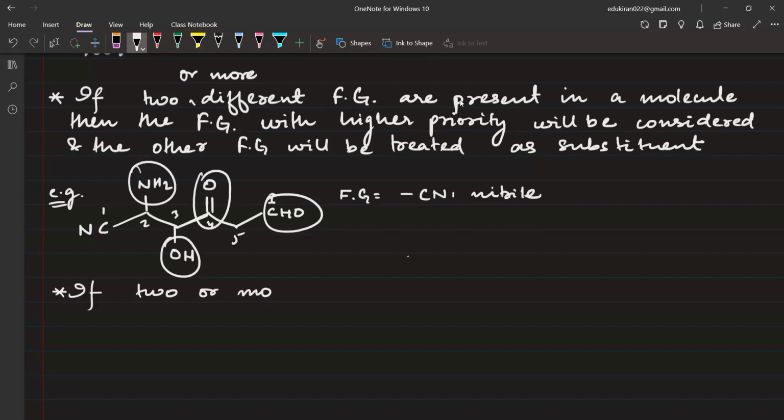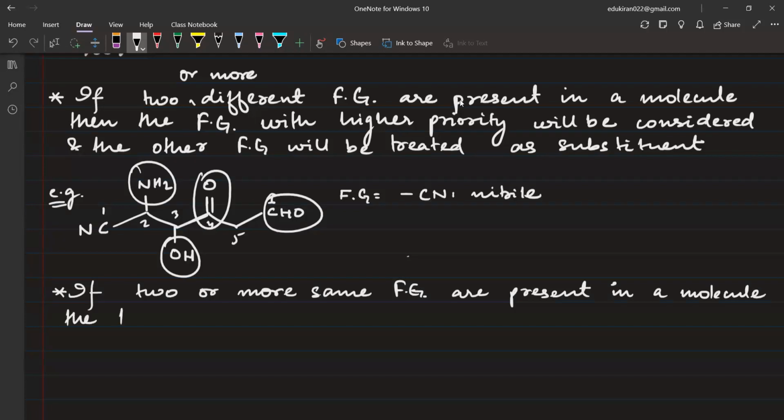If two or more same functional groups are present in a molecule, then the functional group is prefixed by di, tri, tetra, है ना?